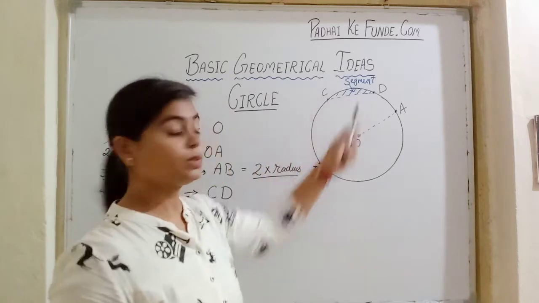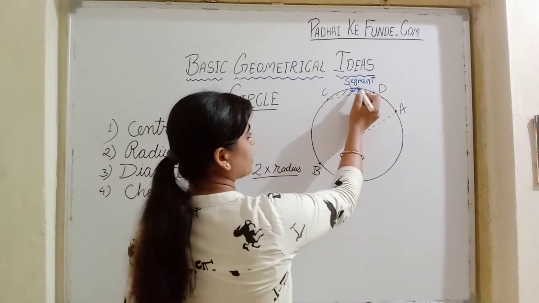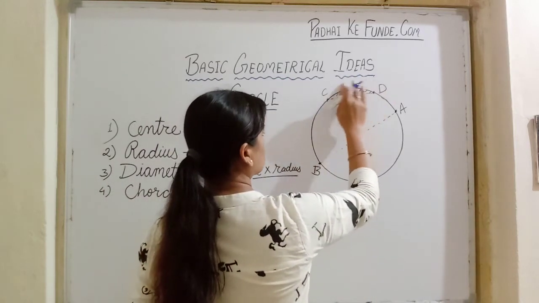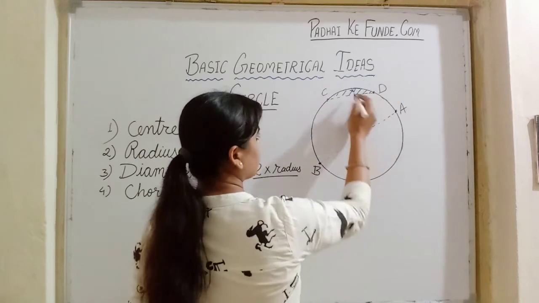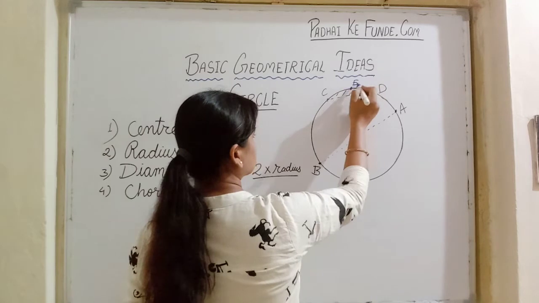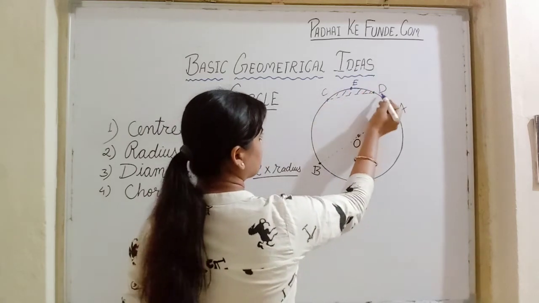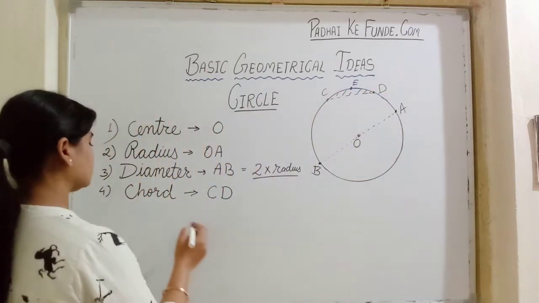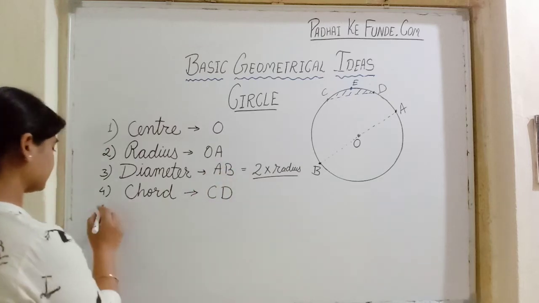To label it, we have to take any other point between C and D anywhere, as I am taking here point E. C, E, D. So we call it a segment.